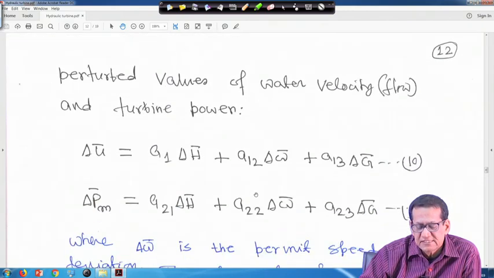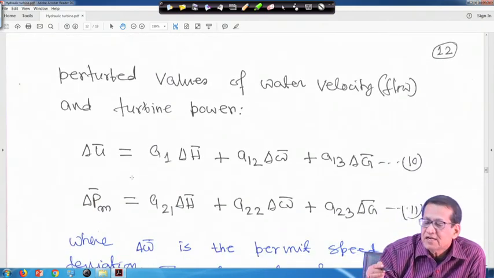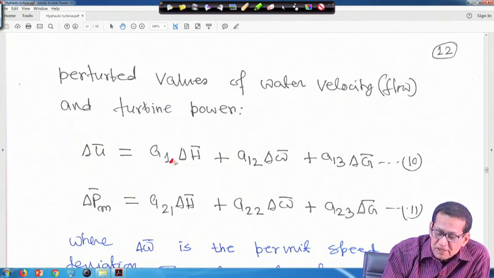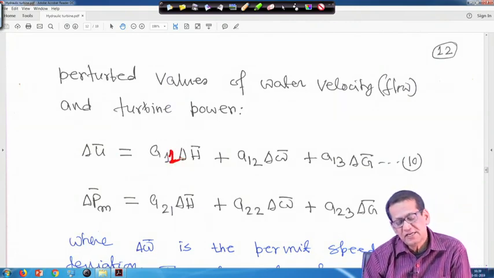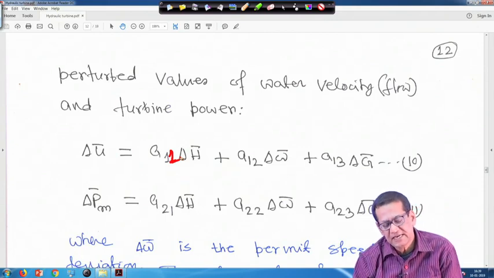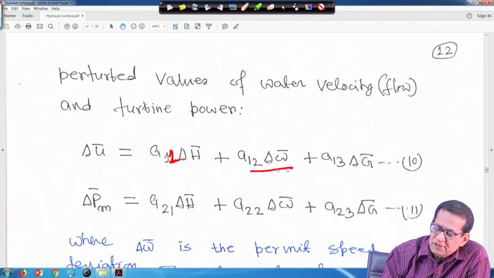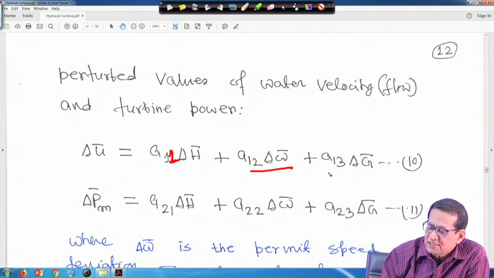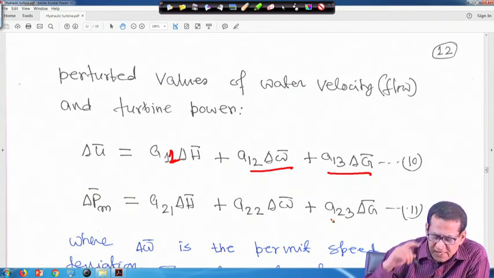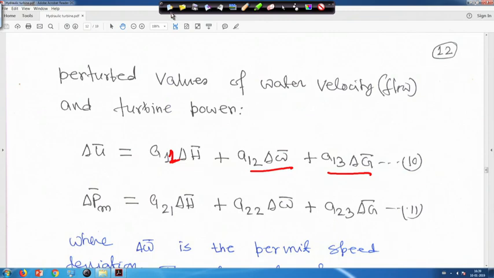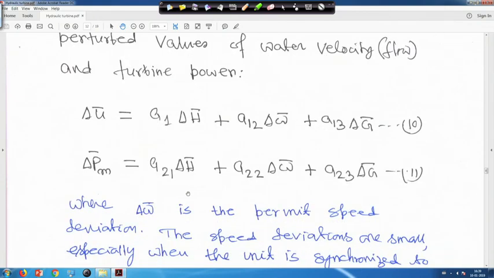It can be written as delta u bar is equal to a 1 1 delta h bar plus a 1 2 delta omega bar plus a 1 3 delta g bar, right, and delta p m bar is equal to a 2 1 delta h bar, a 2 2 delta omega bar and plus a 2 3 delta g bar, right. Here I wrote a 1 by mistake, it is a 1 1, right.